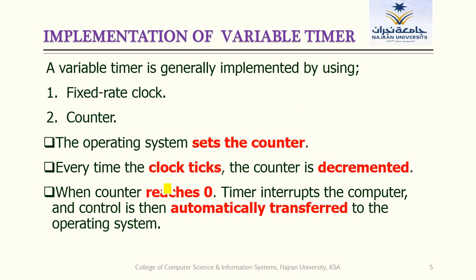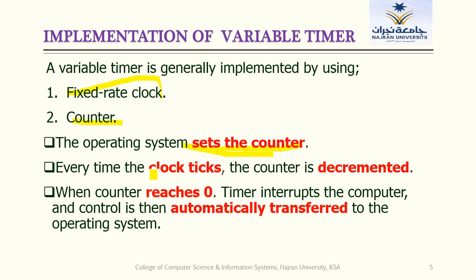And we have seen how we can implement the variable timer. To implement a variable timer, we need two things: a fixed rate clock and a counter. So the operating system will set the counter, give some initial value to the counter, and then it will look toward the clock.